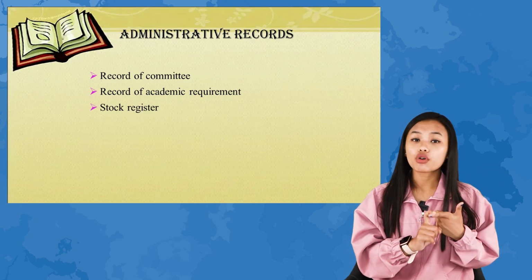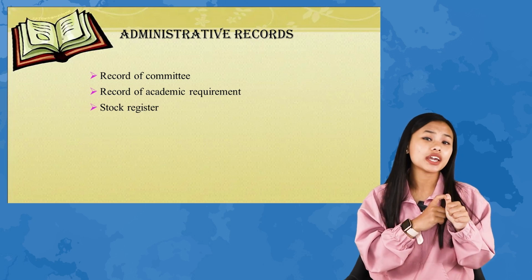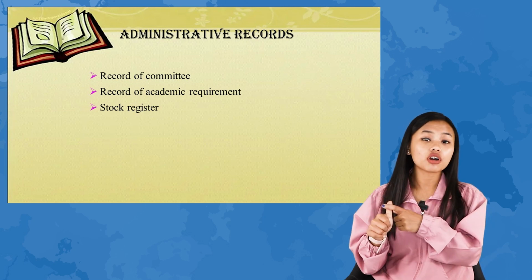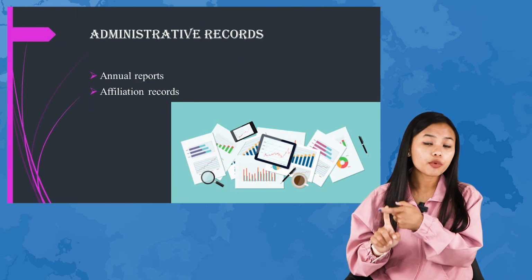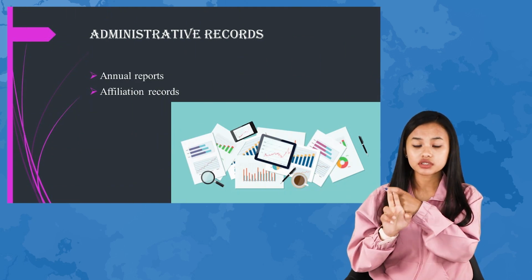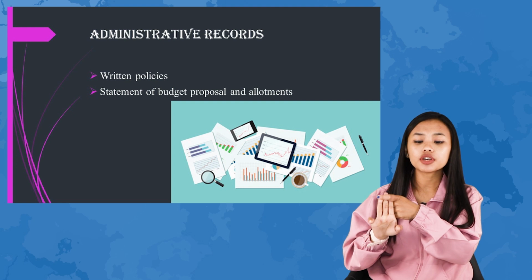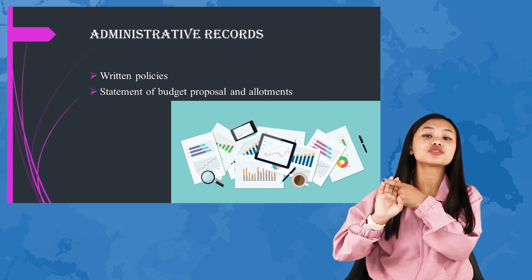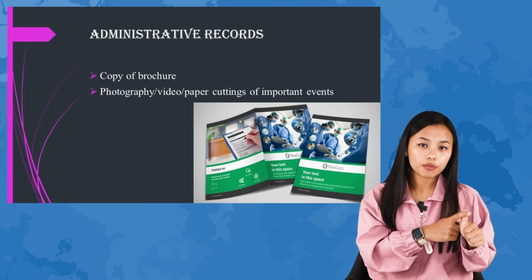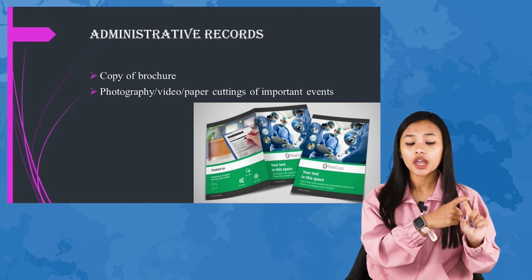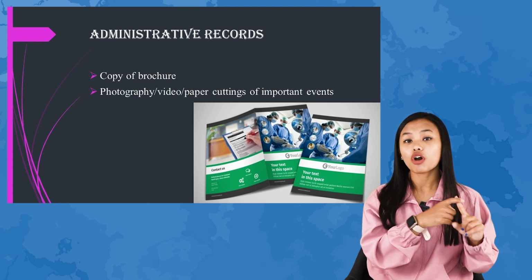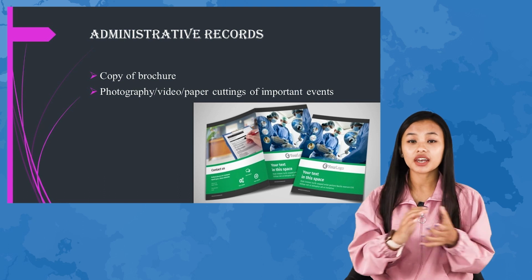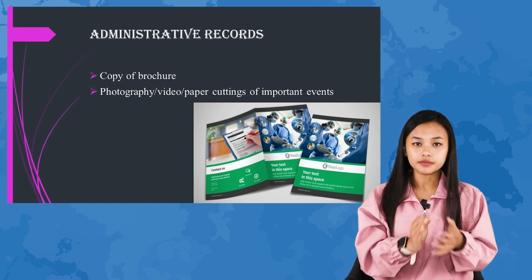It includes the record of the committee, the record of the academic requirement, the stock register, annual reports, affiliation records, written policy statement of the budget proposal as well as allotment, copy of the brochure, photographs, videos or paper cuttings of any important events that have occurred in the hospital. So these are the various records which you must maintain in the administration record.